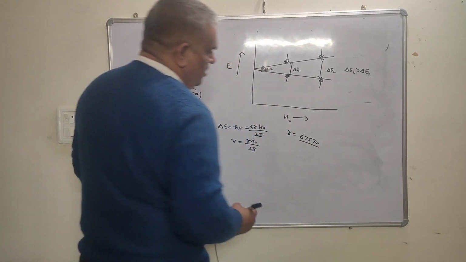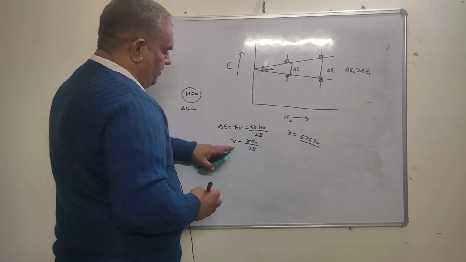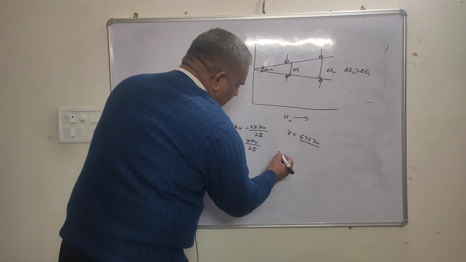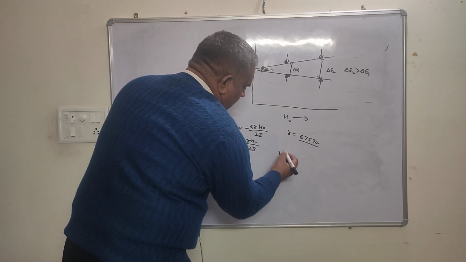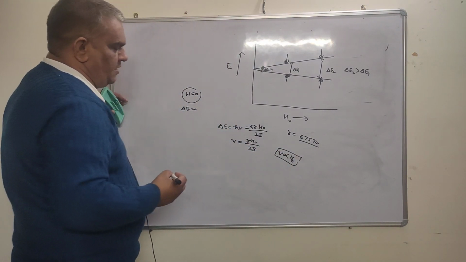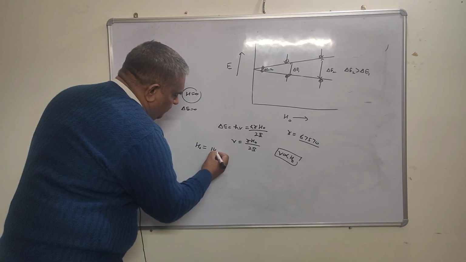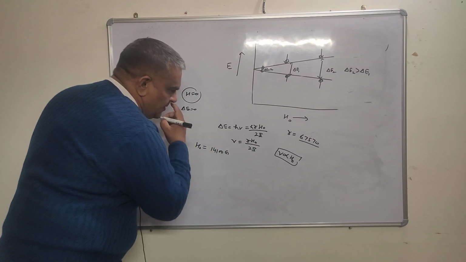This is the value of the gyromagnetic constant, and from this equation we can say that frequency is directly proportional to H naught.